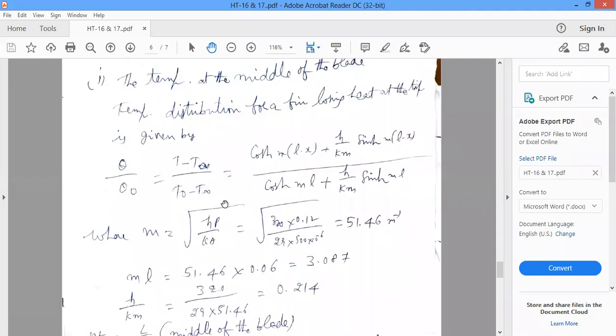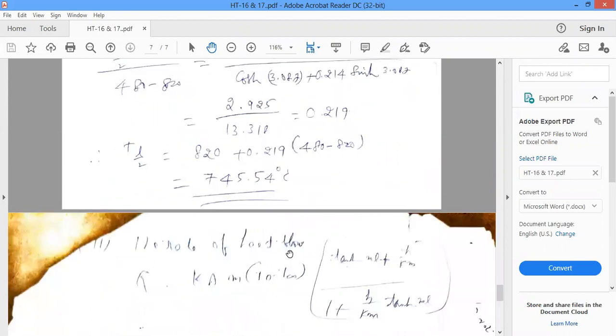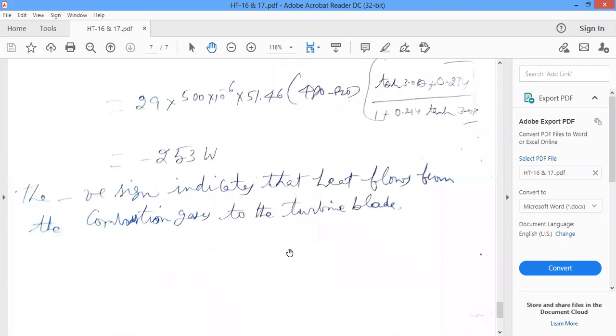You will be getting any of these derivations or problems, and sometimes they ask for the boundary conditions for all three cases. For the long fin, what are the boundary conditions? At x equal to 0, T is equal to T naught. That is the same for all three cases.